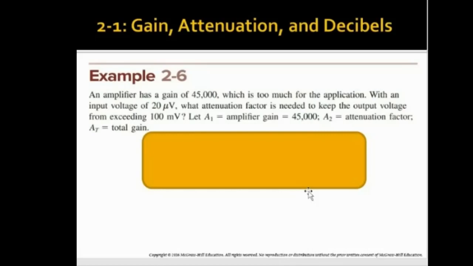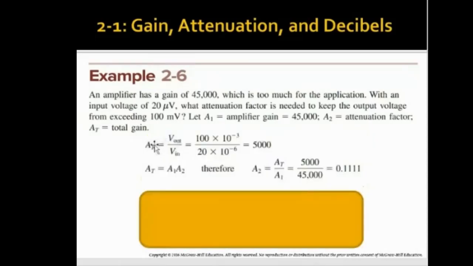So we take A1 as the amplifier gain of 45,000, A2 as the attenuation factor that we want to find, and the total gain is 80. So you guys, with this explanation, solve this and share your answer.